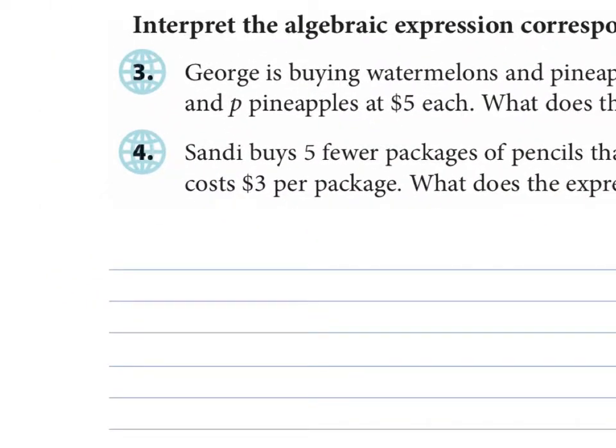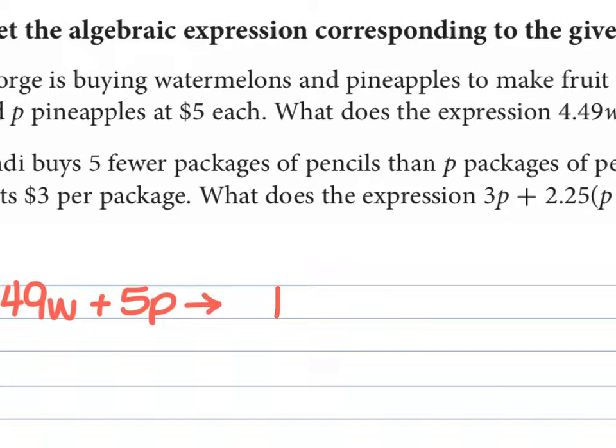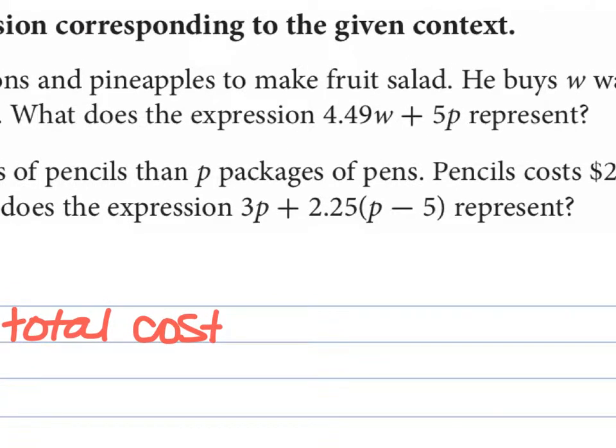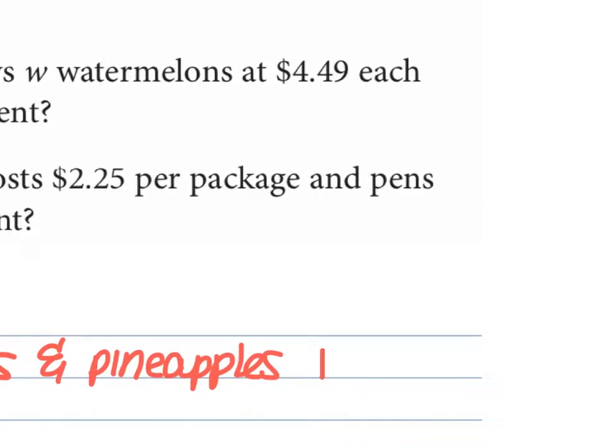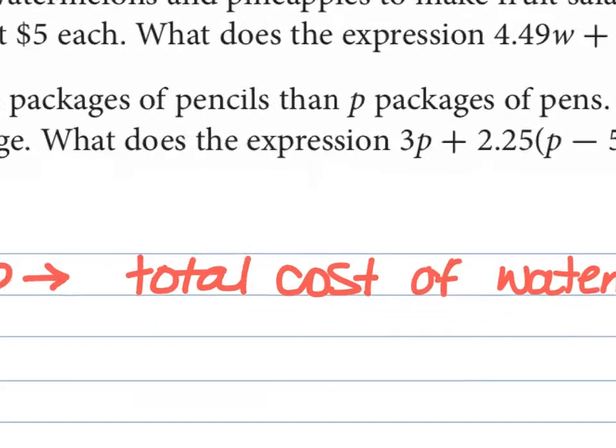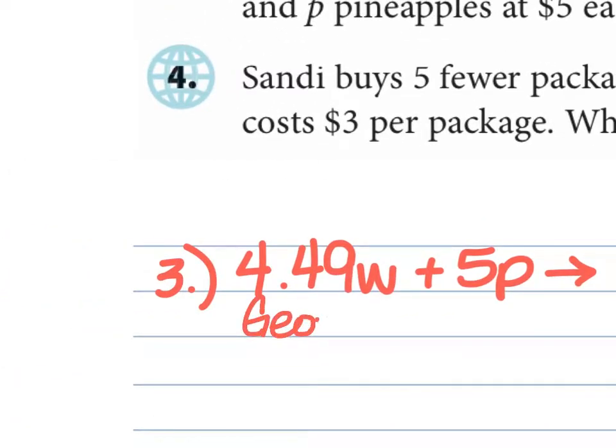So this expression represents that 4.49W plus 5P is the total cost of watermelons and pineapples that George will buy.